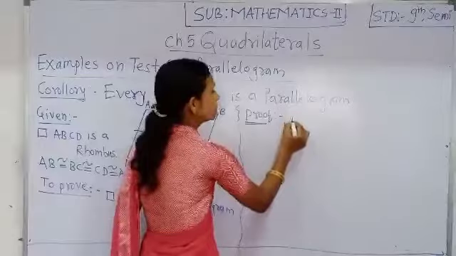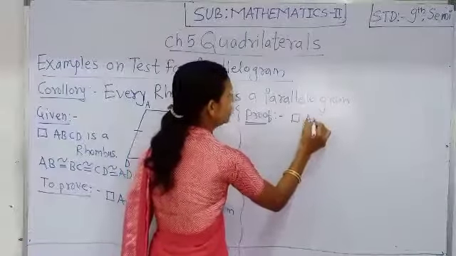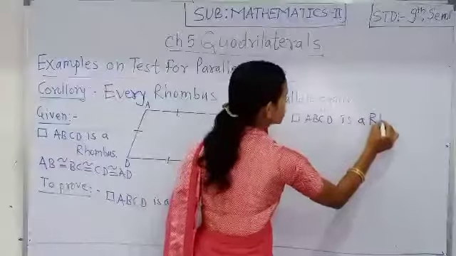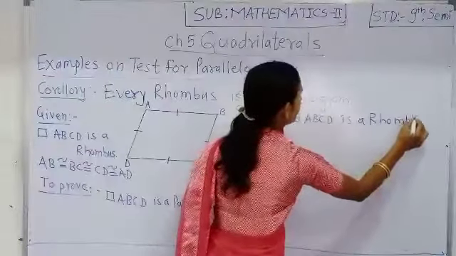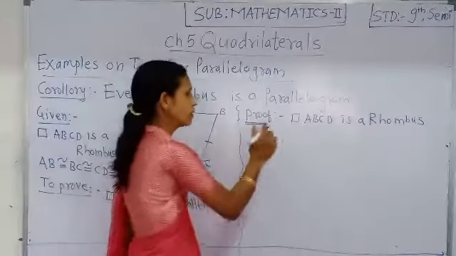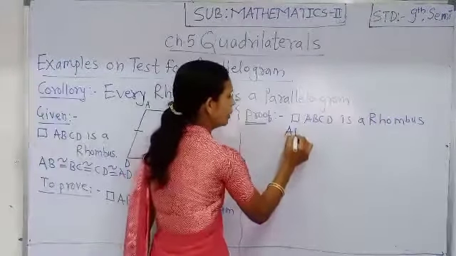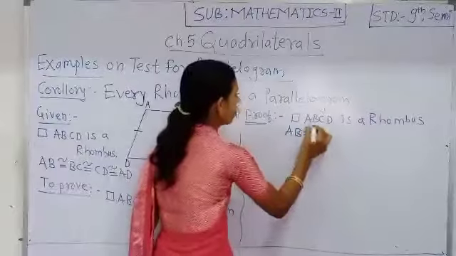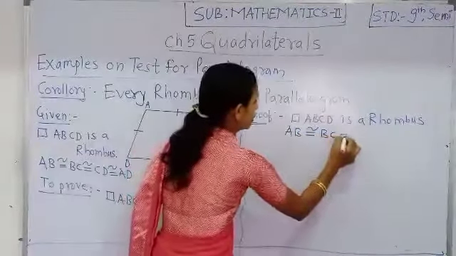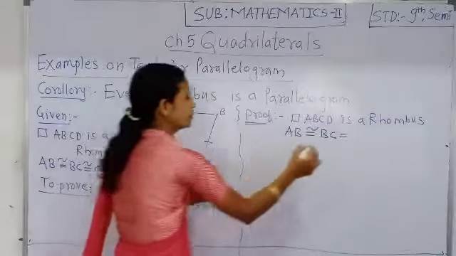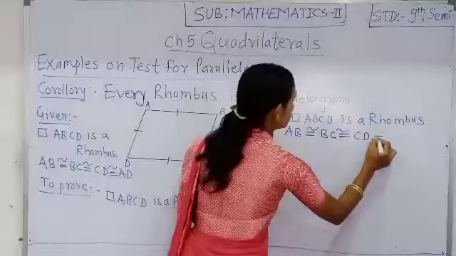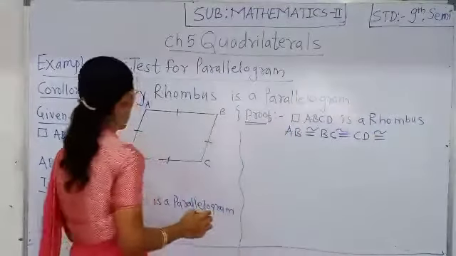Quadrilateral ABCD is a rhombus, so AB congruent BC, BC congruent CD, and CD congruent AD.